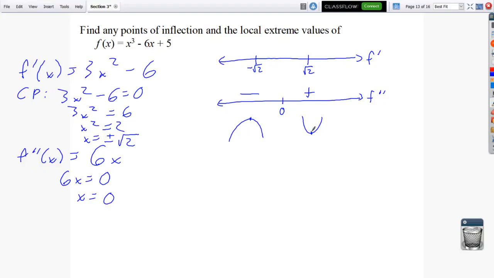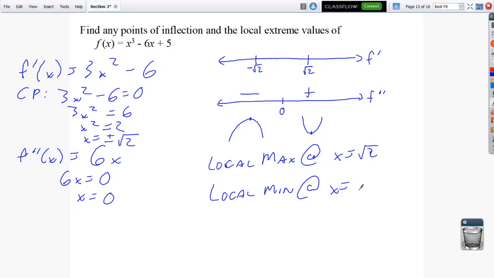So now I can see: local max at negative root 2, local min at positive root 2.